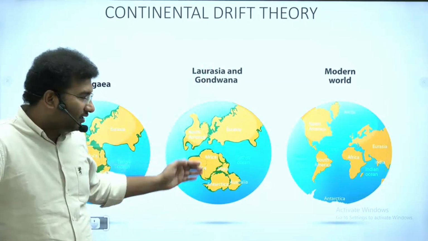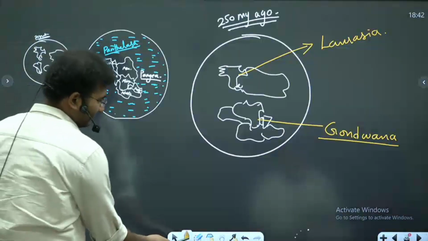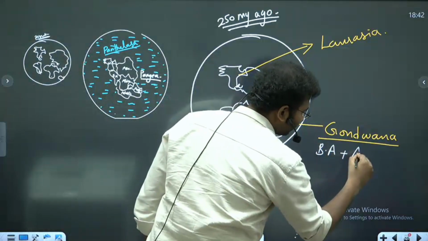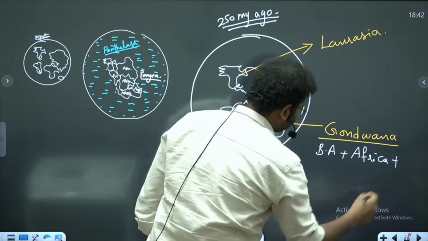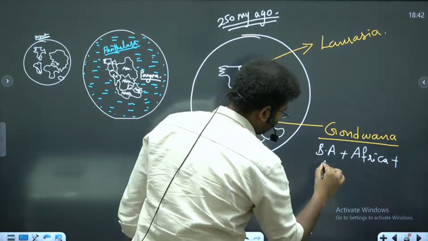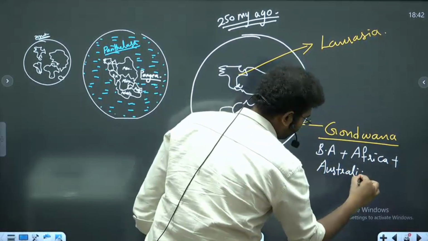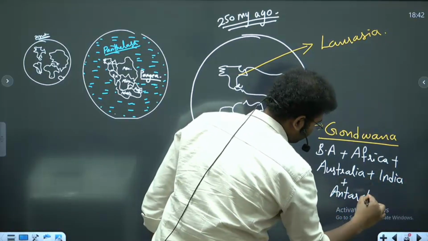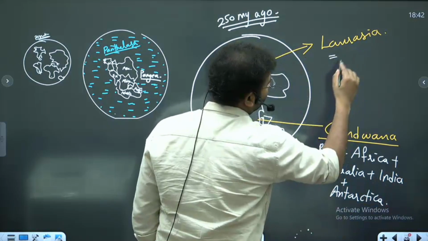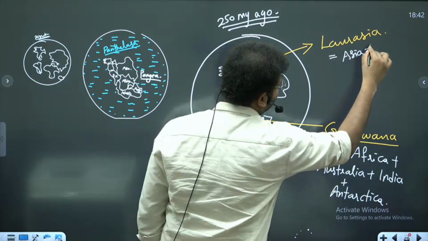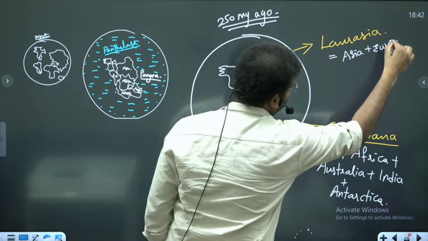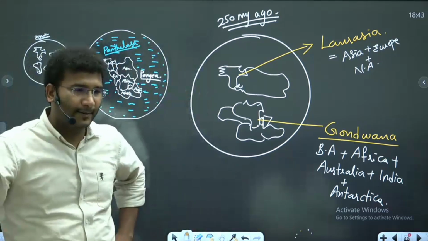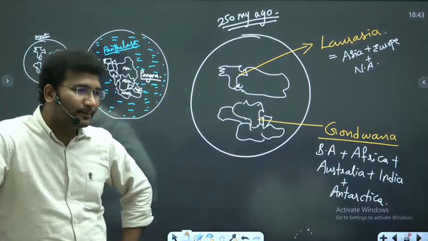So, he calls this Gondwanaland, and Gondwanaland consists of South America plus Africa plus... Now, where is India?